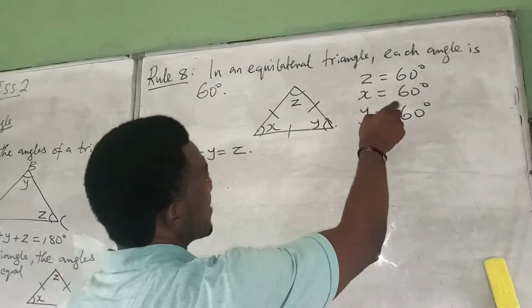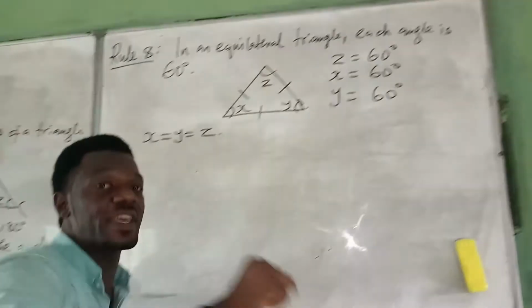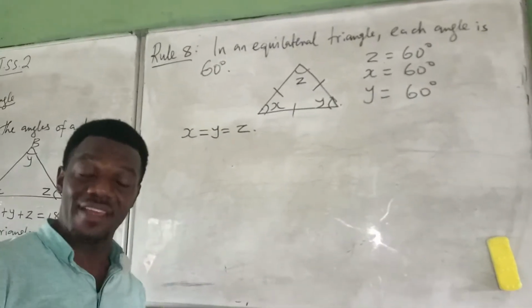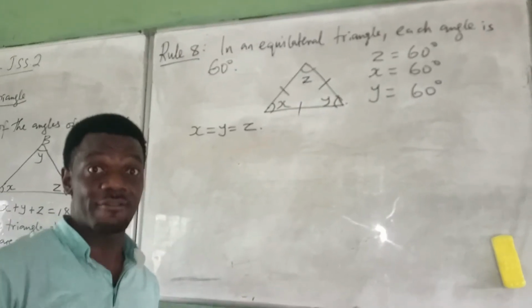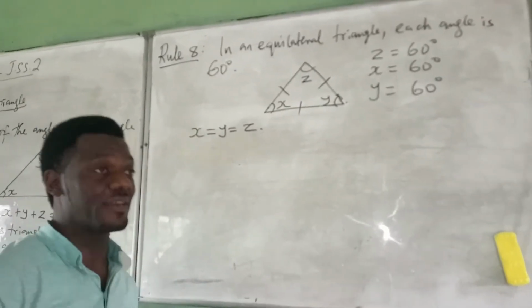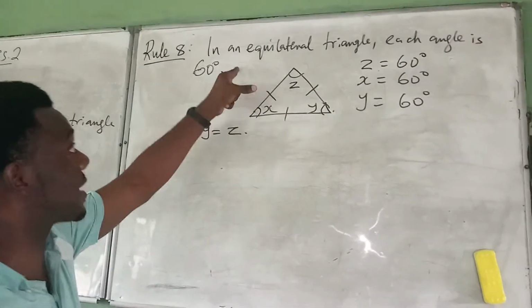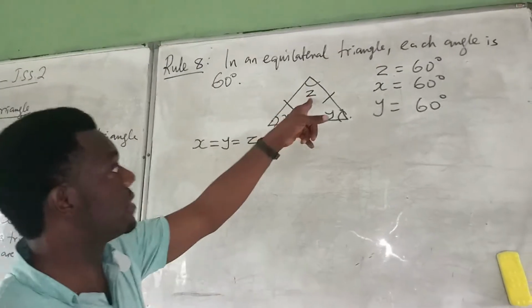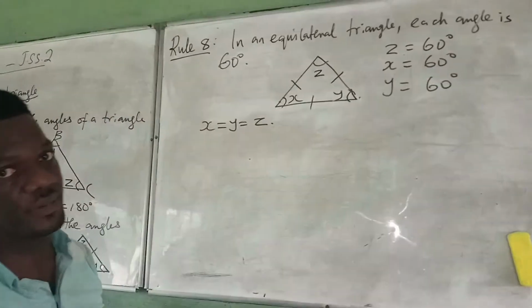If all the angles are equal, and the sum of the angles of a triangle is 180 degrees, then 180 divided by 3 will give you 60, and that's why each angle is 60 degrees. So the rule says that in an equilateral triangle, each angle is 60 degrees: Z equals 60, X equals 60, Y equals 60 degrees.